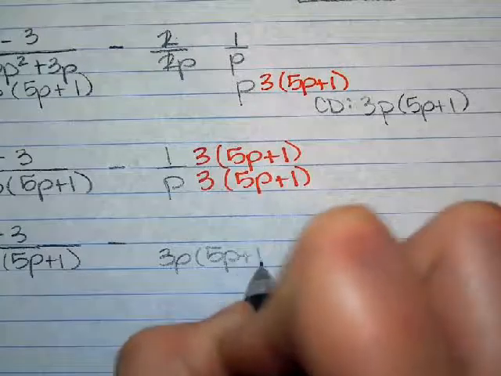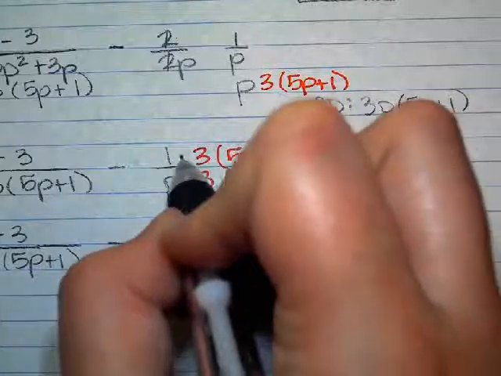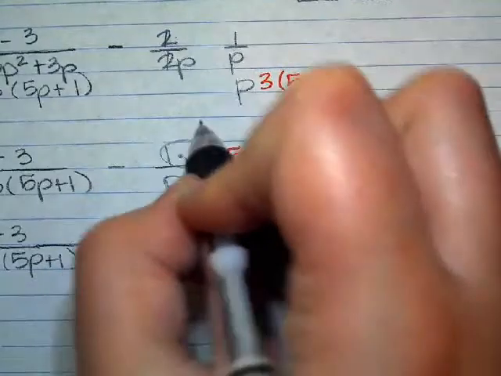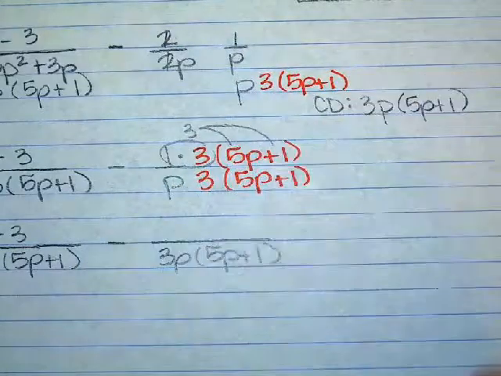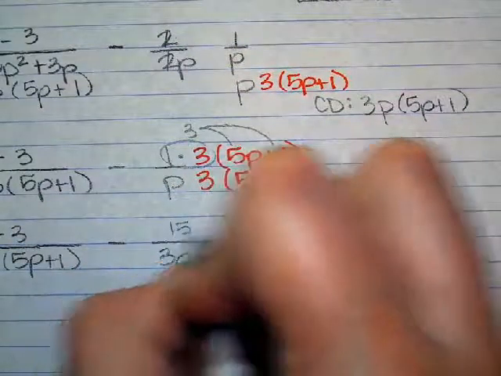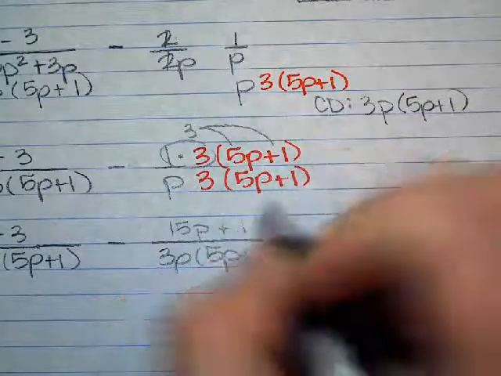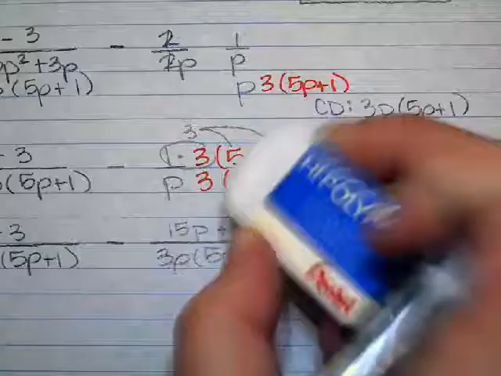So 1 times 3 is 3. And what do you get when you distribute the 3? Close. You get really close. Oh, plus 3. Not plus 5. Plus 3. Don't worry about what I wrote. Okay.